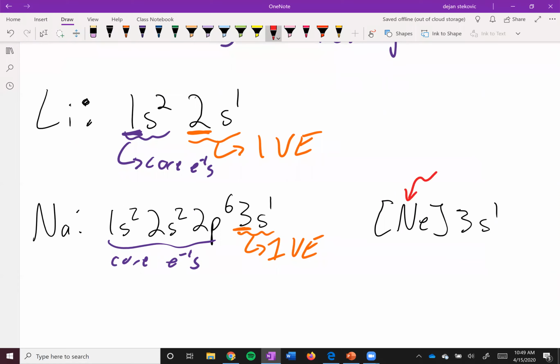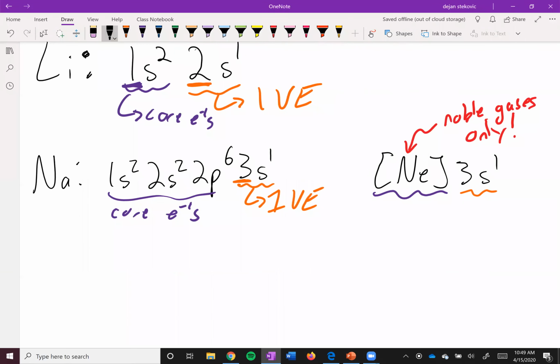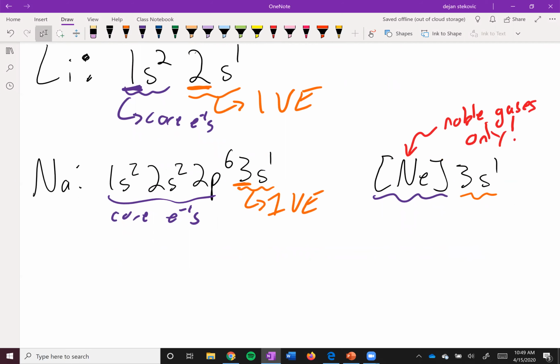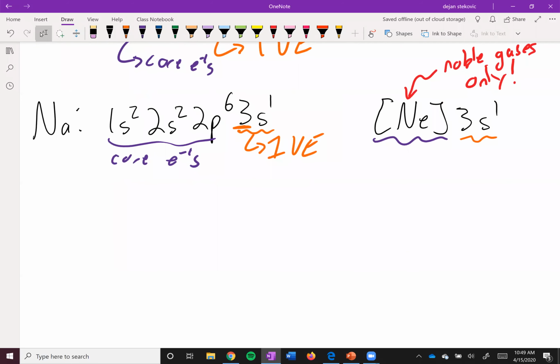Something important to note is that everything in these brackets is noble gases only. You can only use noble gases. This represents all of our core electrons, and then we have our one valence electron. So lithium and sodium, very similar elements, always want a +1 charge. They only have one valence electron.